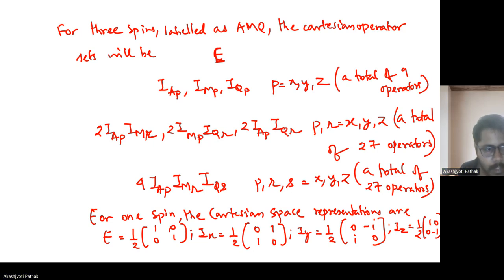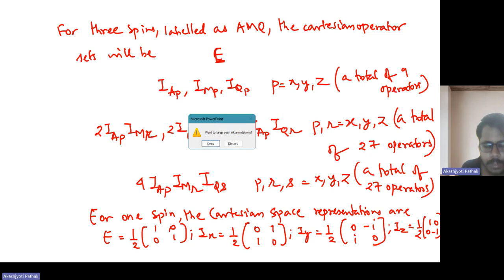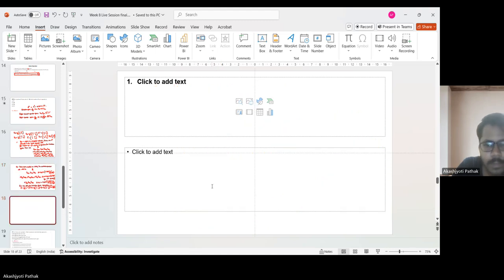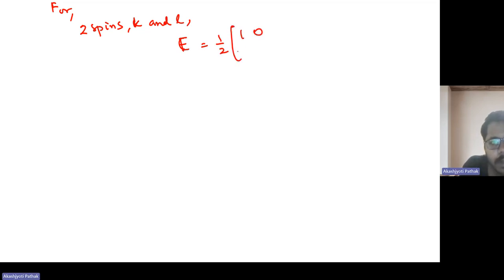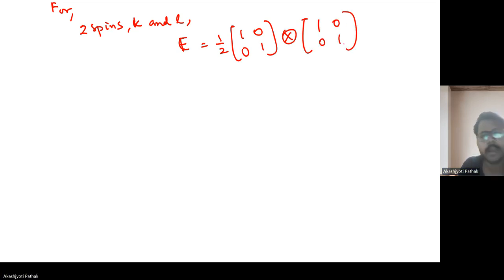So for two spins, say K and L, it will be half 1 0 0 1 in a Kronecker product with 1 0 0 1.